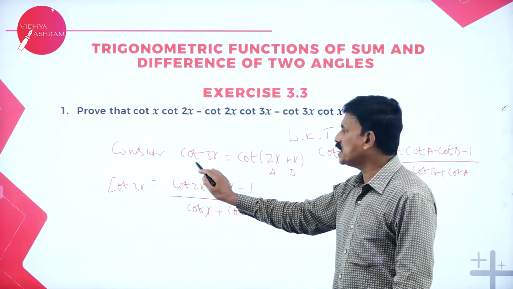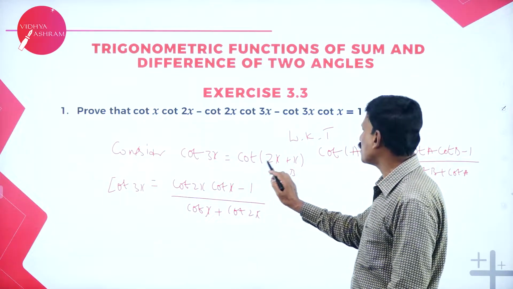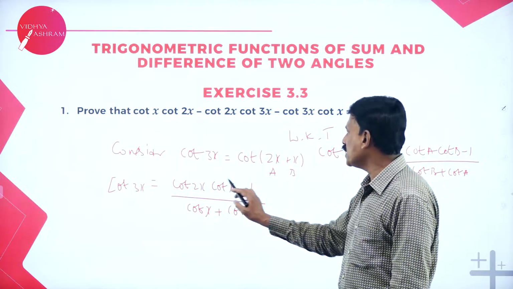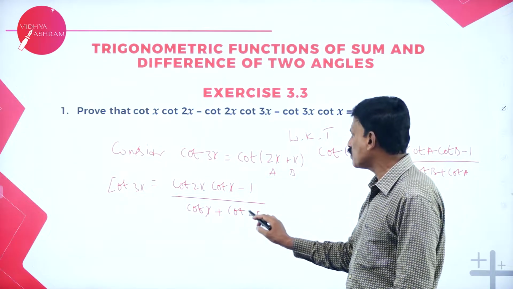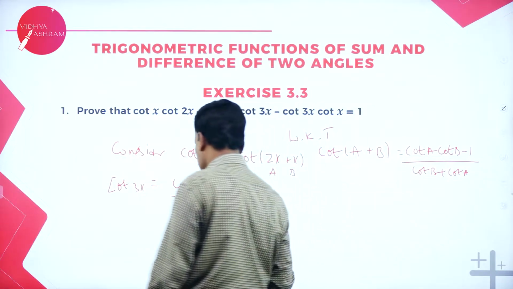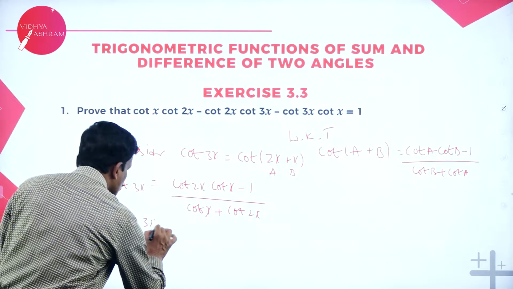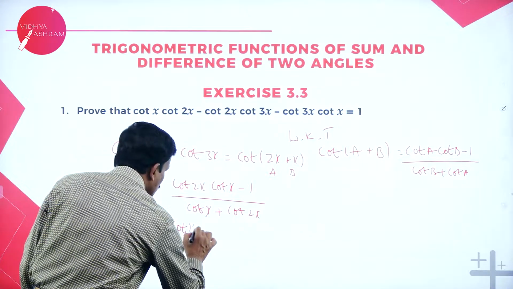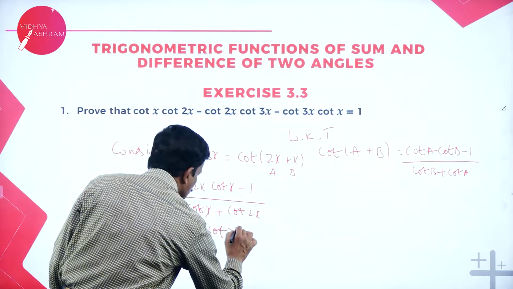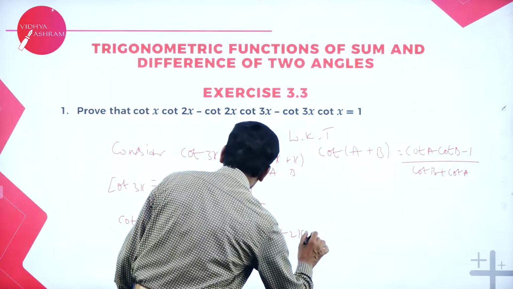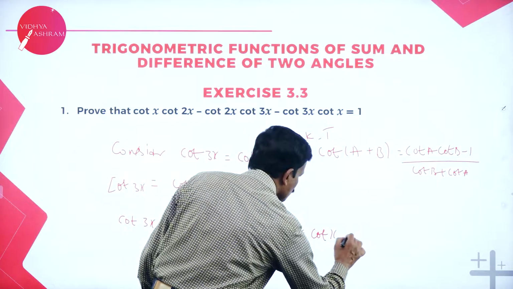Here cot 3x can be written as cot of 2x plus x. This is of the form cot A cot B minus 1 divided by cot A plus cot B. Now, cross multiply this, what we are going to get here is cot 3x into cot x plus cot 2x is equal to cot 2x into cot x minus 1.